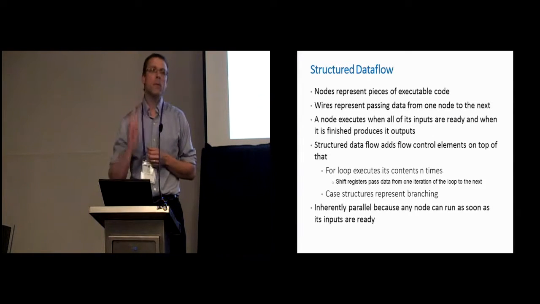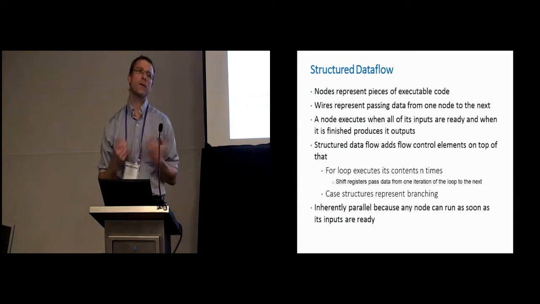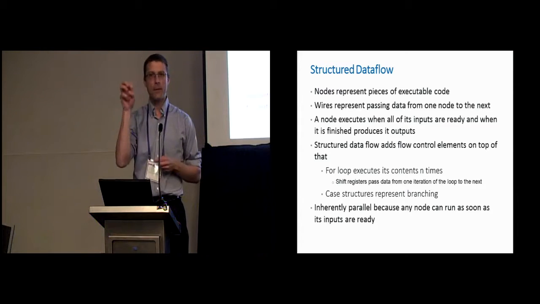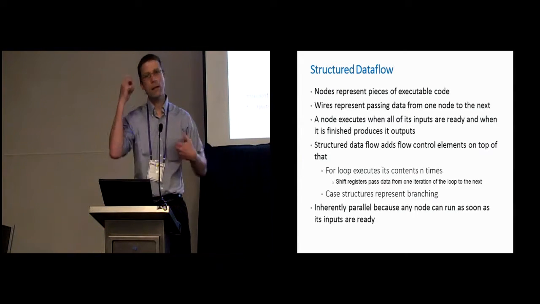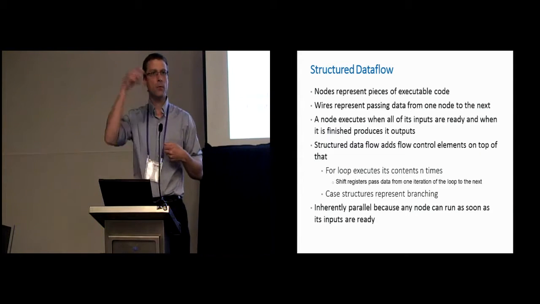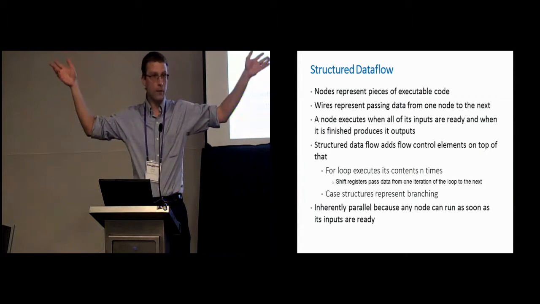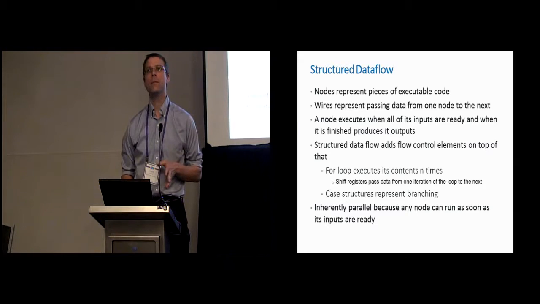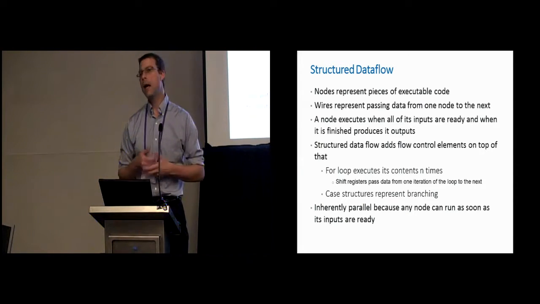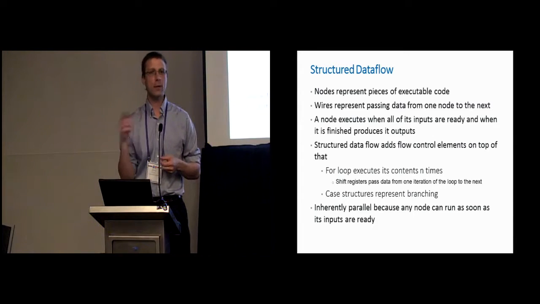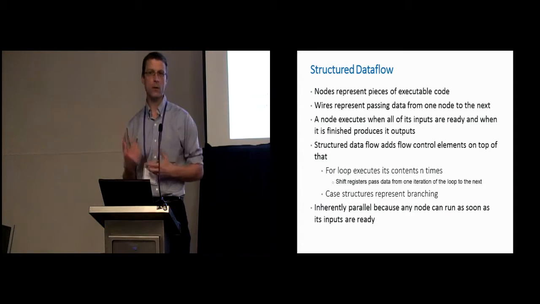It follows, for the most part, structured data flow. Data flow is where a node is a computation, and it doesn't execute until its inputs are ready. Then it reads its inputs, executes the computation, and produces its output. Structured data flow means that nodes can contain other nodes. For instance, a loop can contain a certain number of elements, run what's inside of it a certain number of times, and then dump the results.